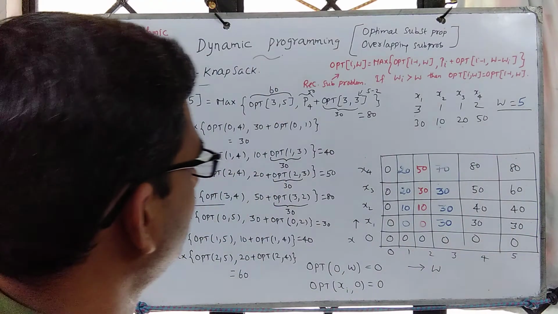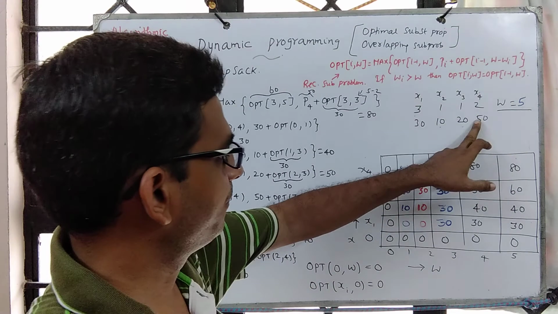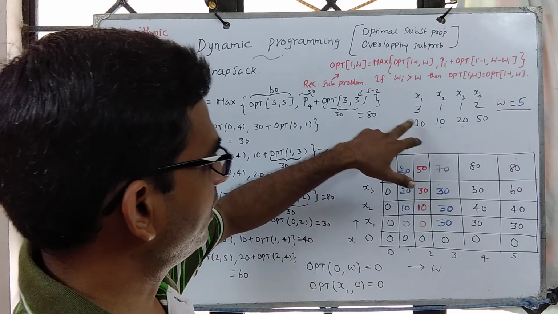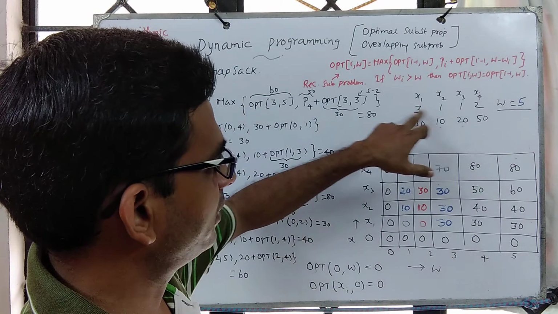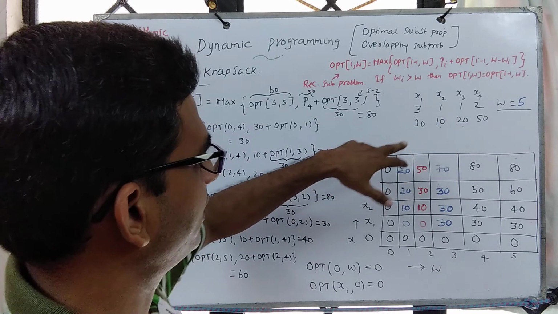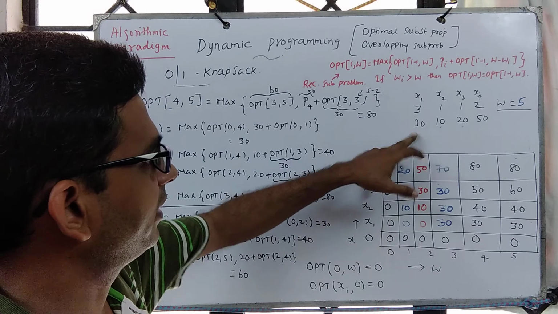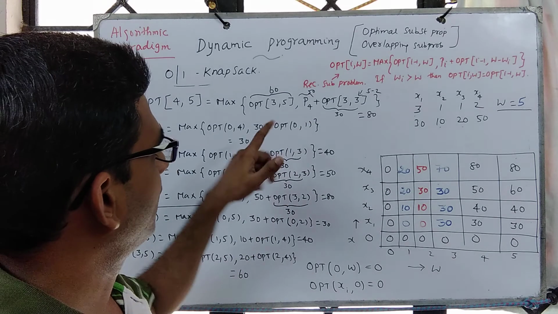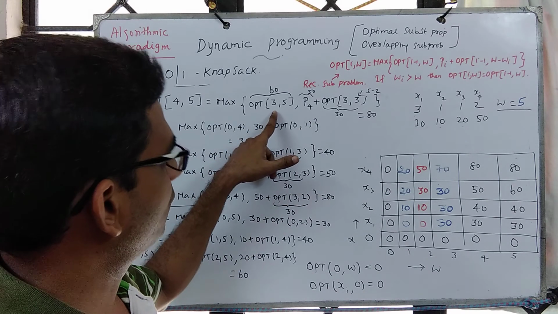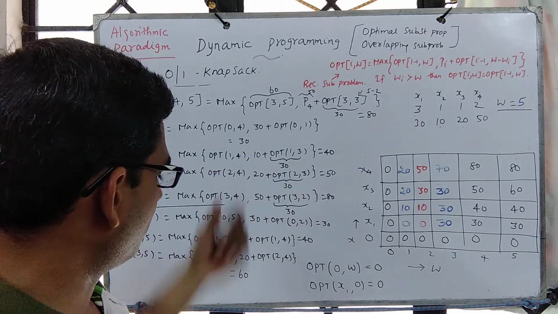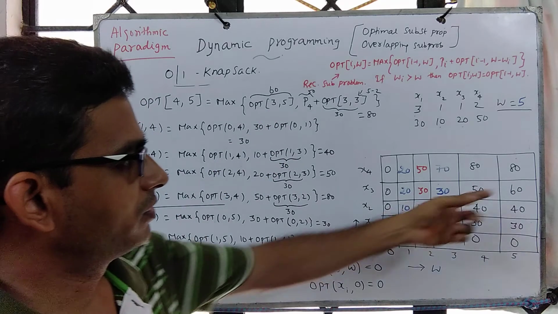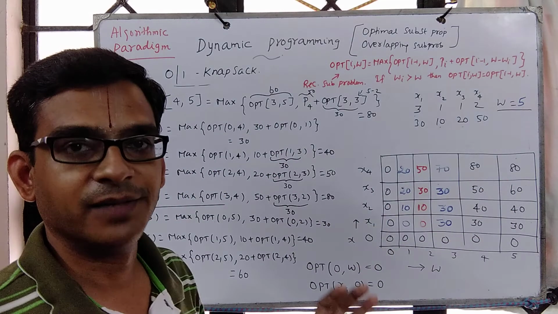So what it says is include this and work with 3 comma 3 subproblem. First three objects, local capacity being this, we know that profit would be 30, so we get 80. If you exclude fourth object and work with this subproblem, we only get 60, so max profit is 80.